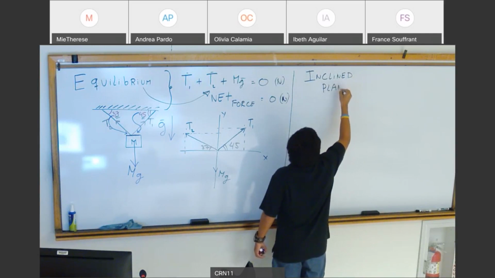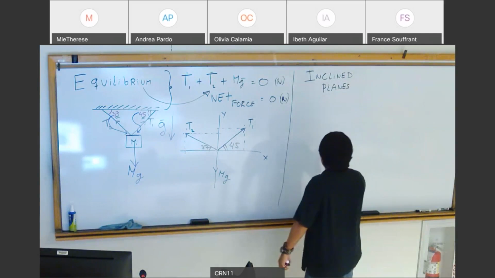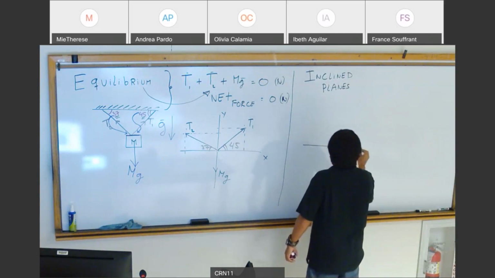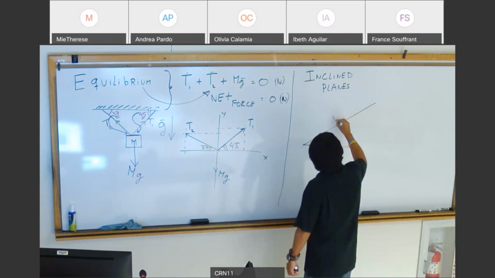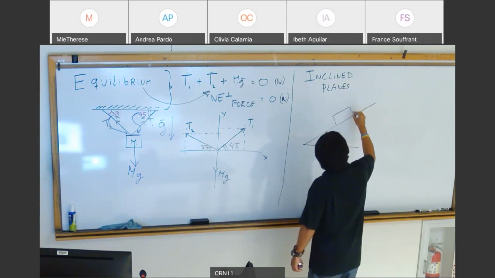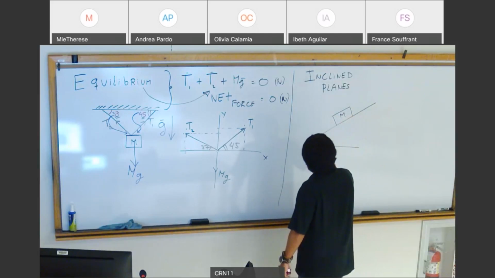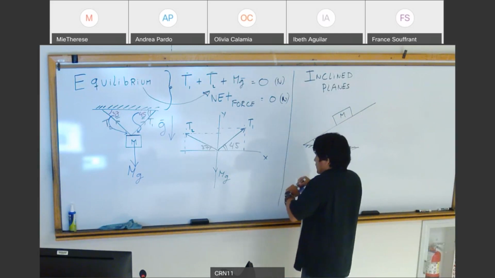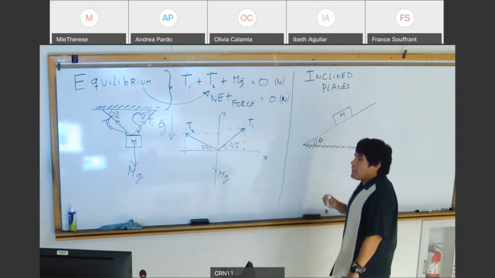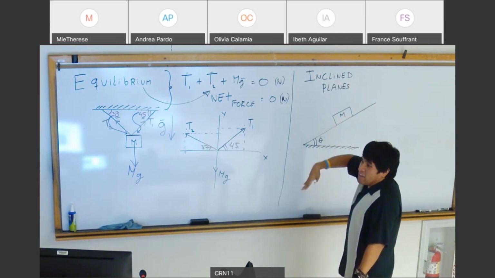For an inclined plane, you have a mass, m, and then I have an angle here, theta. There. How can it be in equilibrium if there's an inclination there?